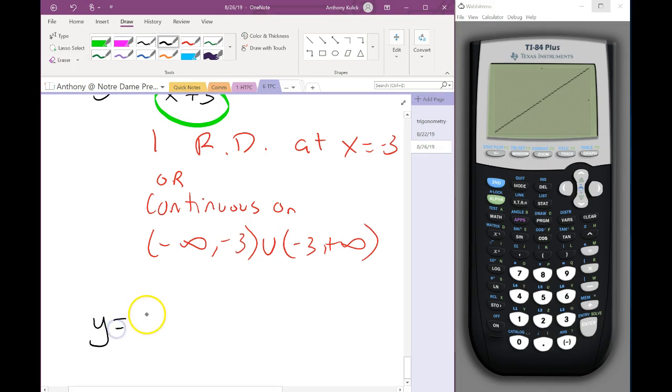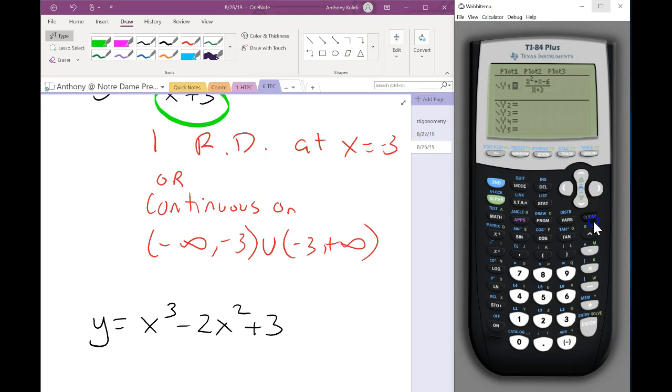And then we'll do one more. So I did x cubed minus 2x squared plus 3x. Notice there's no denominator here.